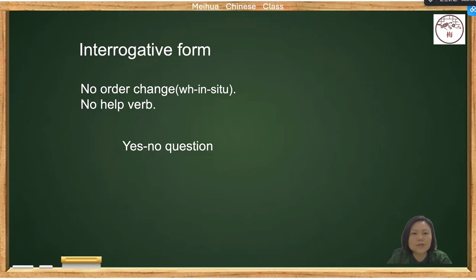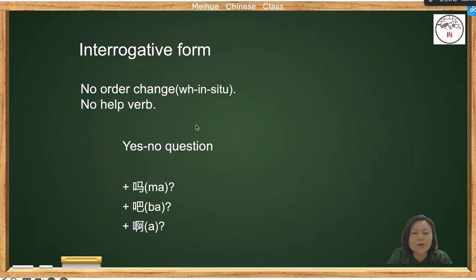And for interactive form, there are two types of interactive sentences. One is the simple question, another is not a simple question, right? So the rule here is also different depending on each question type.